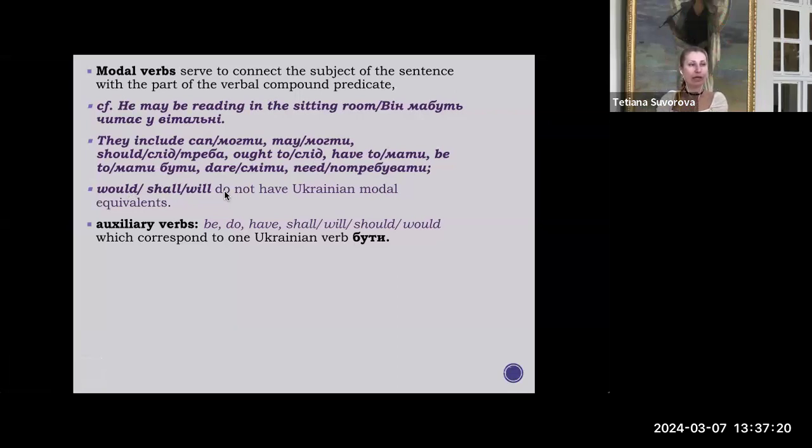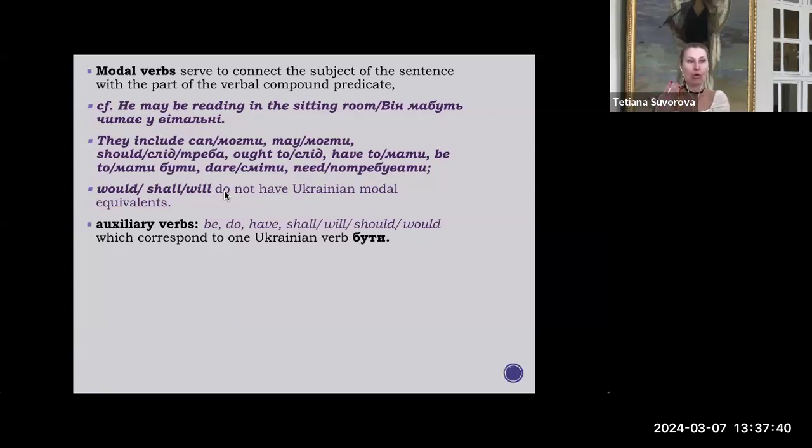And auxiliary verbs, be, do, have, shall, will, should, would, well, they correspond to the Ukrainian бути in all the situations, yeah. Будемо мати щось in future, yeah, and so on. But in Ukrainian also, it's classy.